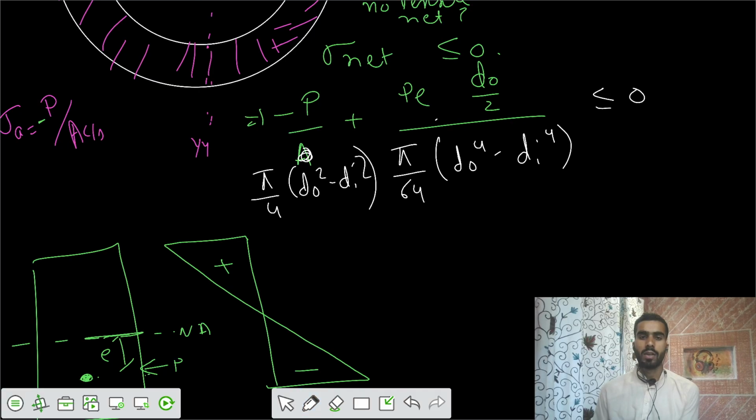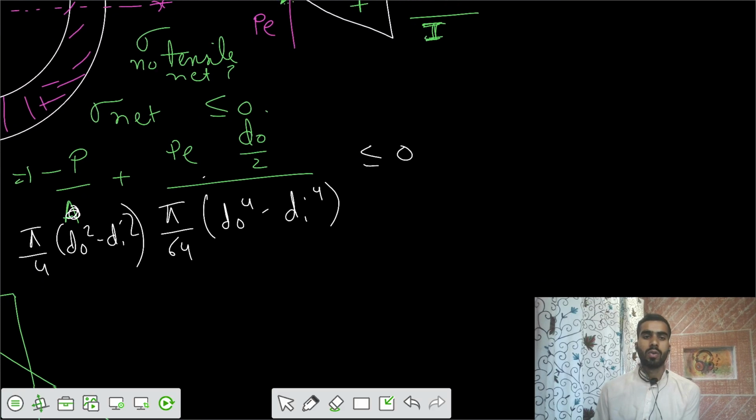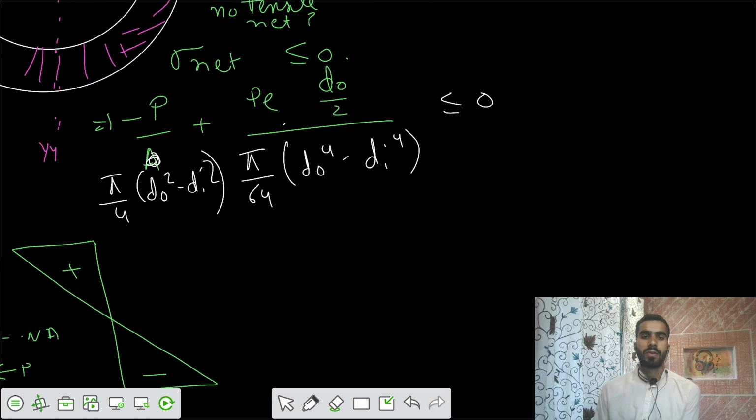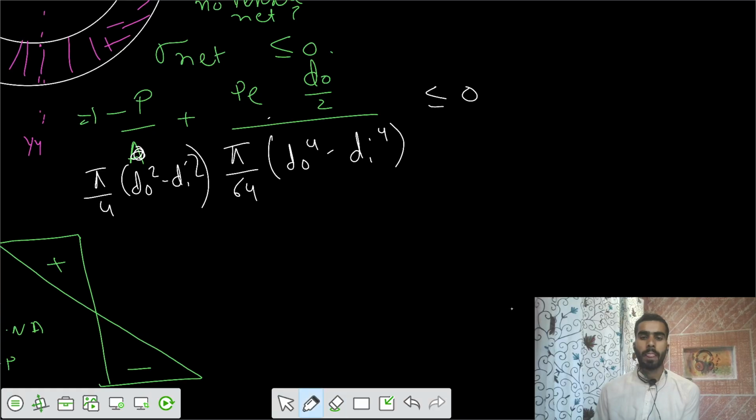So finally, if you solve it, you are left with that. If you divide this part from this one, you would get a value of d outer square plus d inner square.